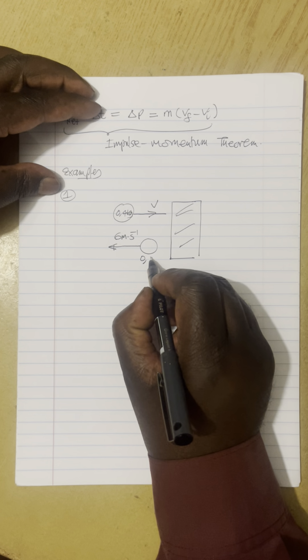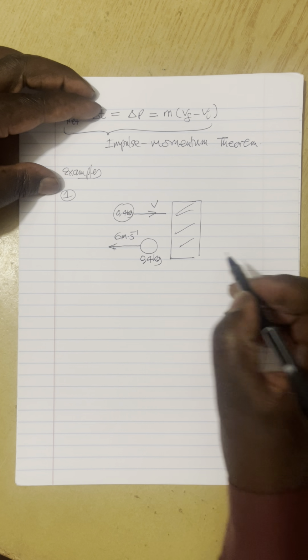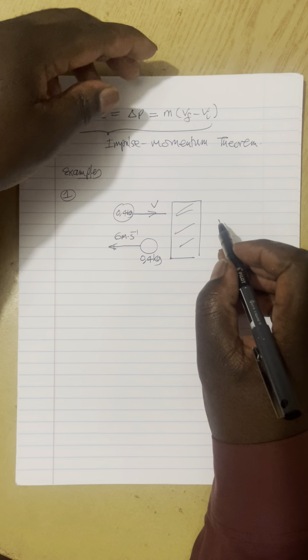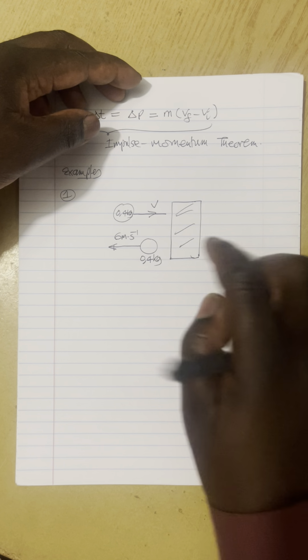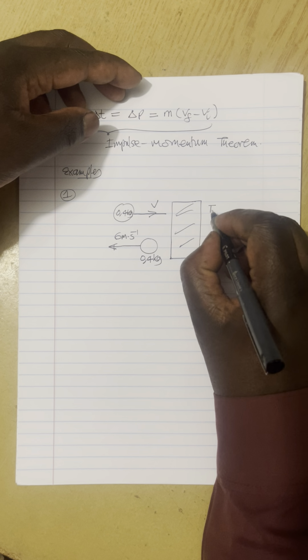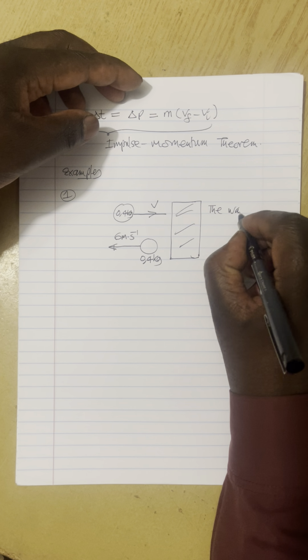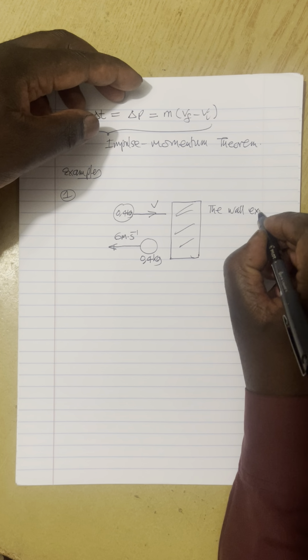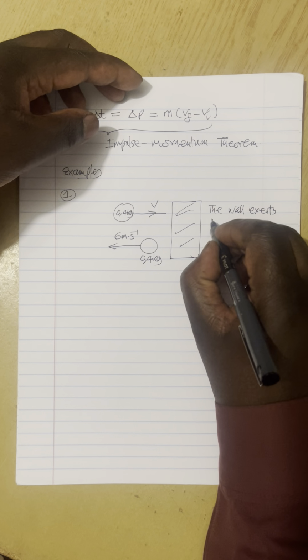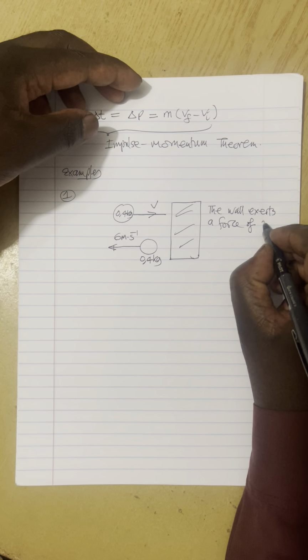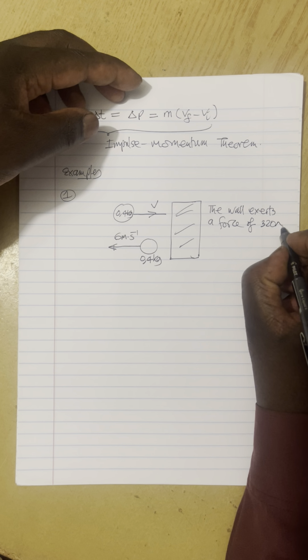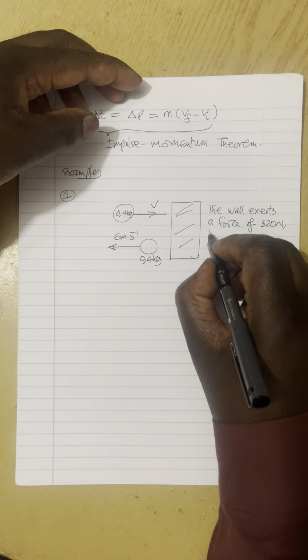The mass remains 0.4 of a kilogram, and this time the force that the wall exerts on the ball should be given. So the wall exerts a force of 320 newtons to the left.